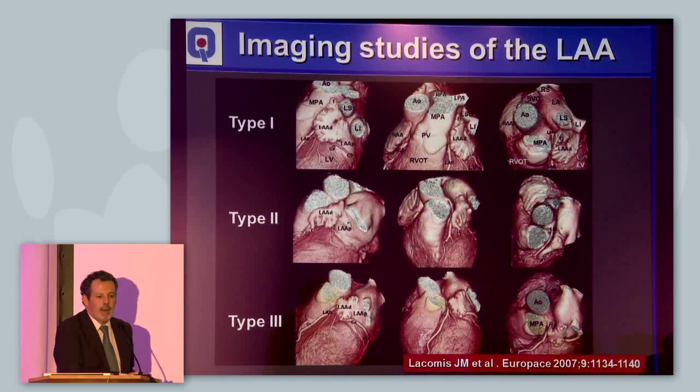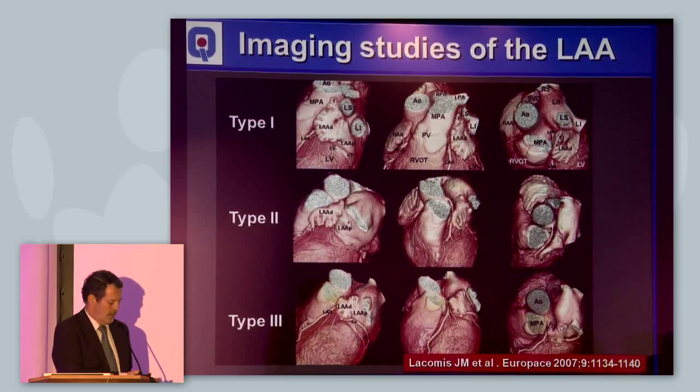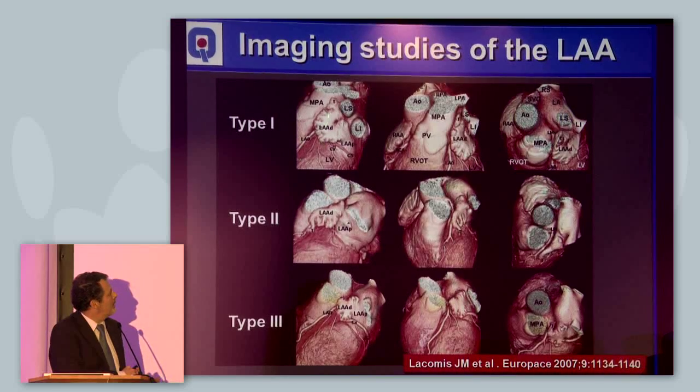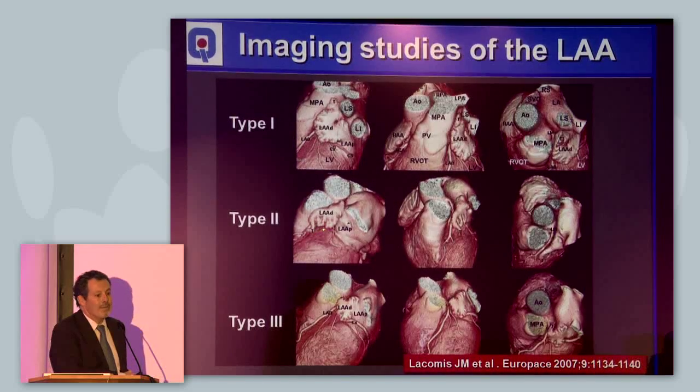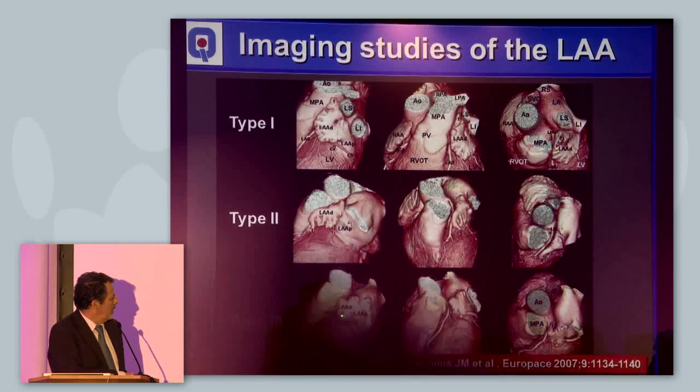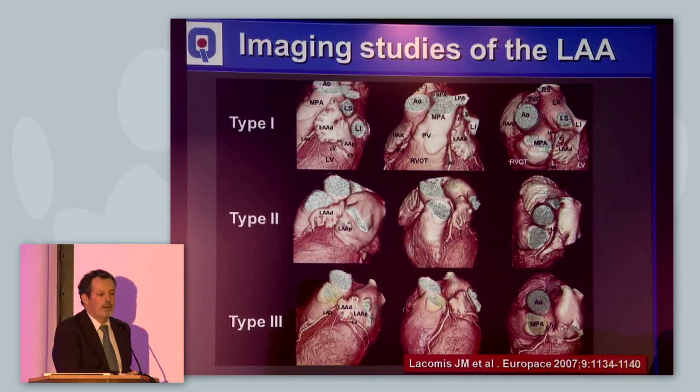Imaging studies also analyzed the morphology of the left atrial appendage, describing the position of the tip. Here you see that the tip is superiorly and anteriorly orientated. In type B it is anterior and inferiorly orientated, and here you see that the tip is posteriorly orientated.